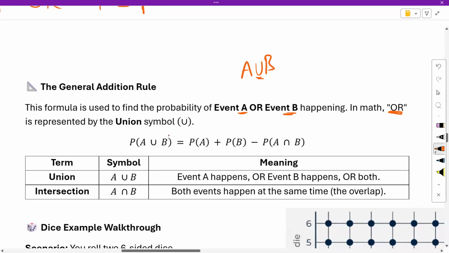Right? This is the union symbol. Here, probability of A union B equals probability of A plus probability of B minus probability of A intersection B.